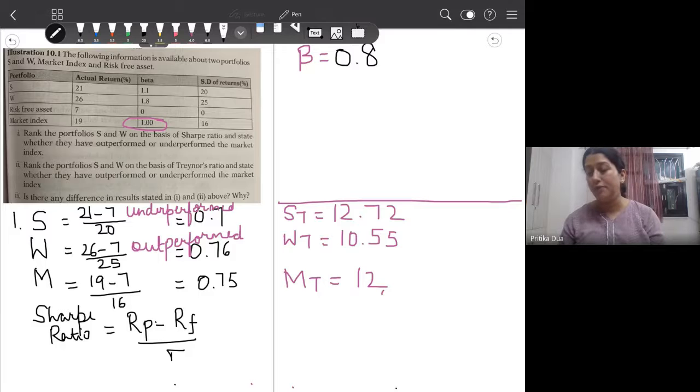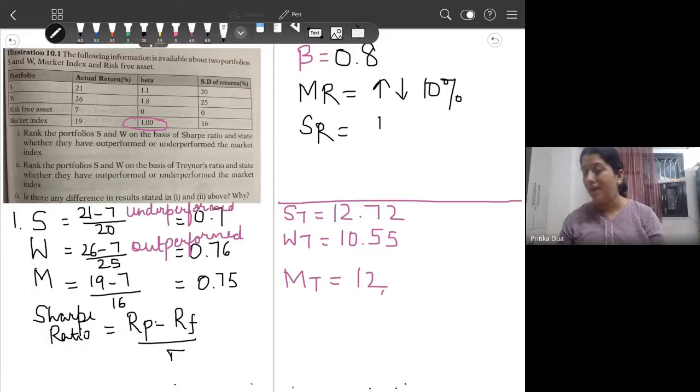We say that if the market return fluctuates, say the market goes up or down by 10%, then your security return will be impacted by 8%. So if the market increases by 10%, your security return will increase by 8%. If the market return falls by 10%, your security return will fall by 8%.